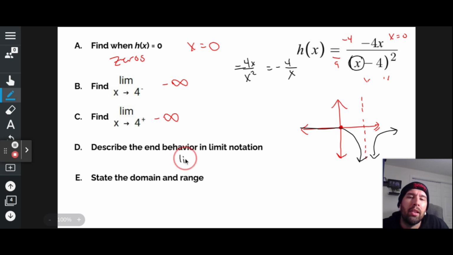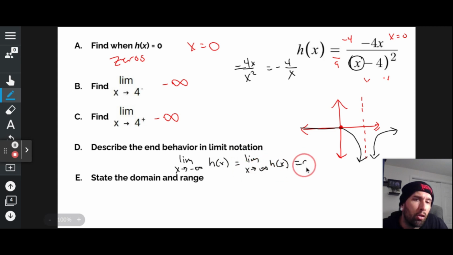So we could say that the limit as x approaches negative infinity of h of x is going to be the same as the limit as x approaches positive infinity of h of x, and both cases are going to be 0.